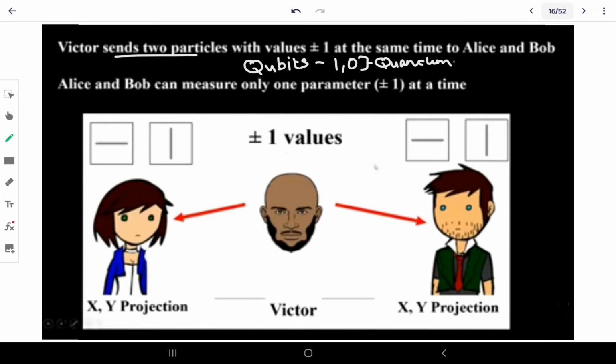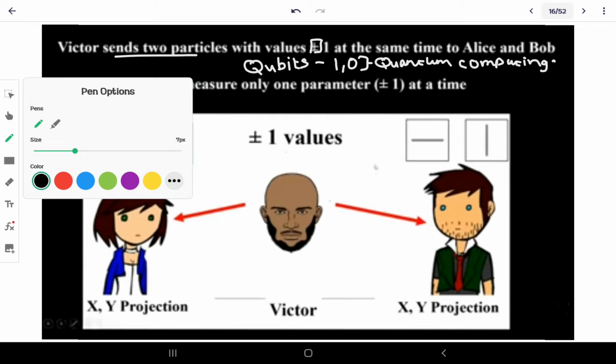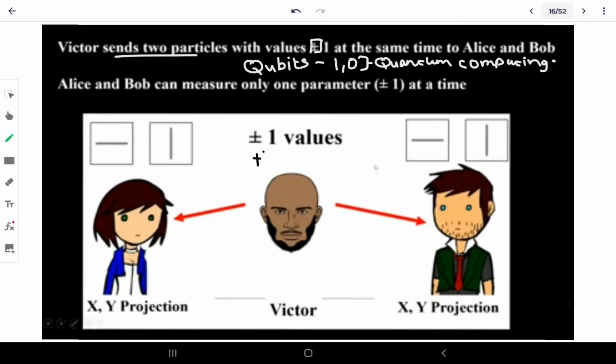Likewise, how we have binary digits, in quantum computing we have qubits. So let's see with values plus 1 and minus 1. He has the capability of sending two numbers, either plus 1 or minus 1.